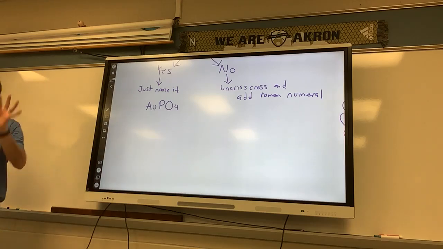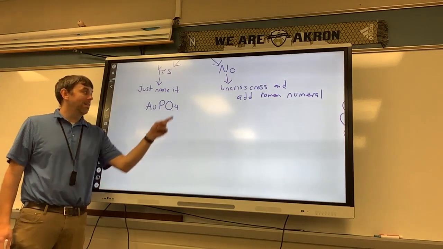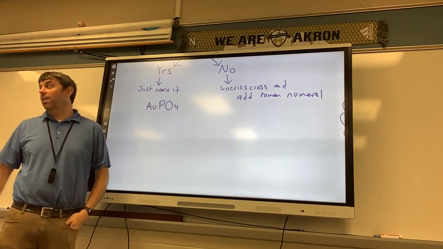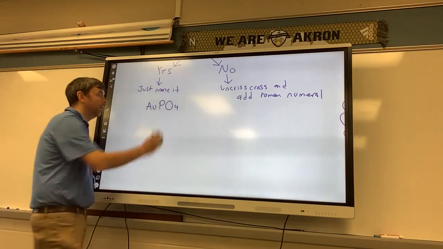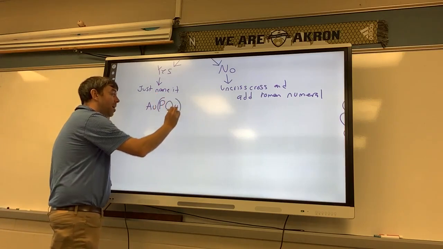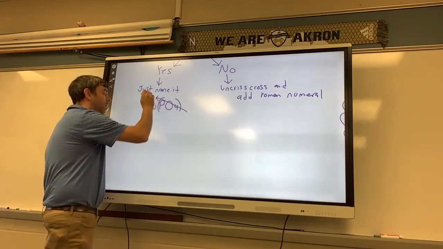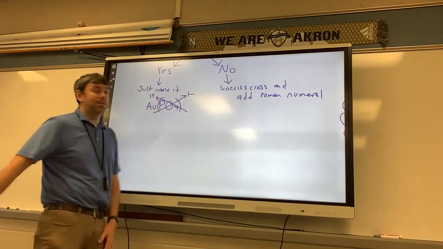Be careful here. Can I uncrisscross this 4 up to gold? No, because it's part of the polyatomic ion. What am I going to uncrisscross up to gold? A 1. So this is a 1 plus, this is a 1 minus.